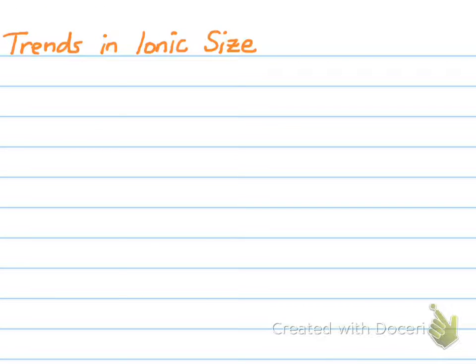All right, we also want to talk about our trends in ionic size. So again, we're talking about how large or how small an ion is. We talked about ions the other day.